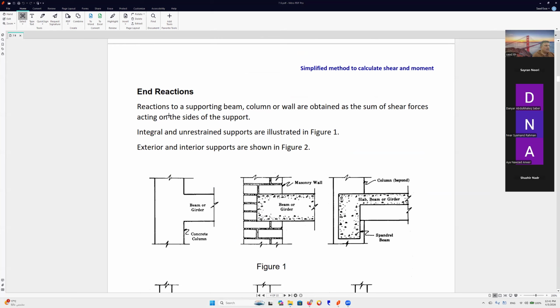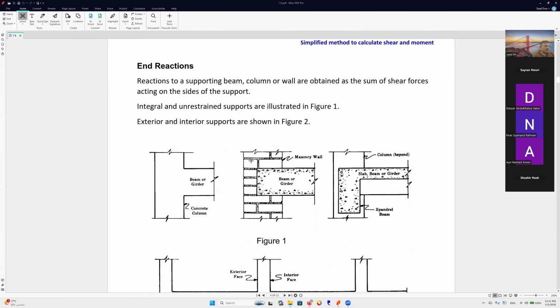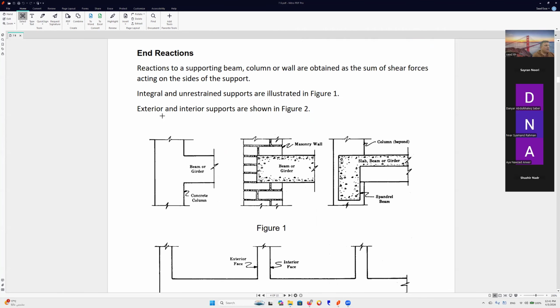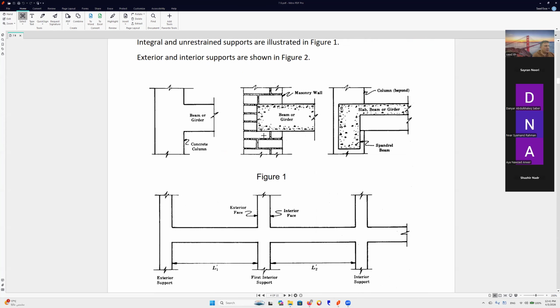Now, reactions to the supporting beam, column, or wall are obtained as the sum of shear forces acting on the sides of the support. Integral and unrestrained supports are illustrated in figure 1. Exterior and interior supports are shown in figure 2.